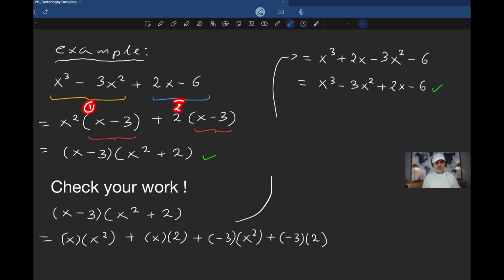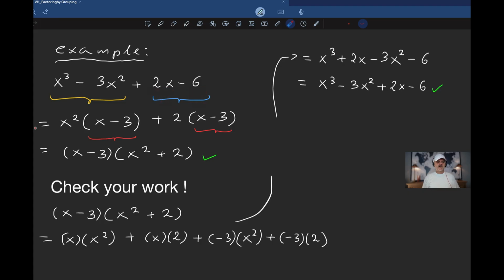For each group, we recognize the common factor. The greatest common factor is x squared, because you can divide x cubed by x squared, and you can divide x squared by x squared. The common factor for the other group is just the coefficient 2, because you can divide 2 by 2 and 6 is divisible by 2.